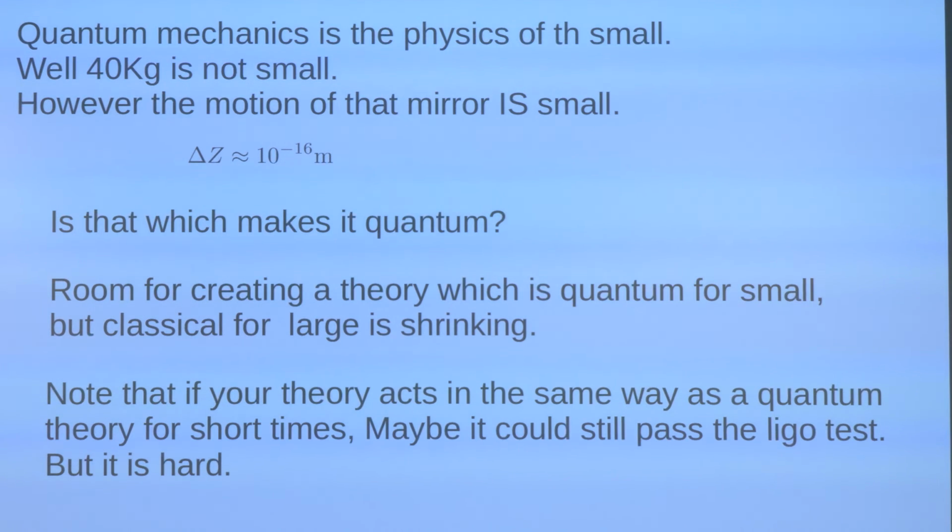But at least the lesson I take away from this is we now know things that are 40 kilograms in weight can, under the right circumstances, behave quantum mechanically. And if they don't behave quantum mechanically, usually that's because they're constantly interacting with their environment, and that, of course, destroys the quantum coherence that one expects from a quantum object.